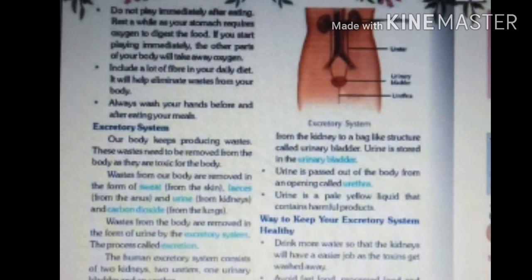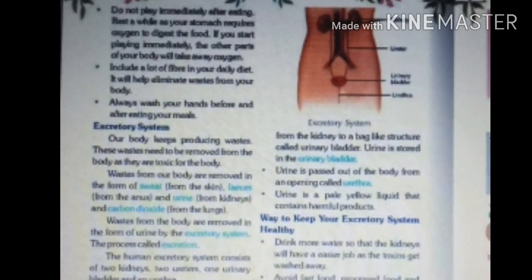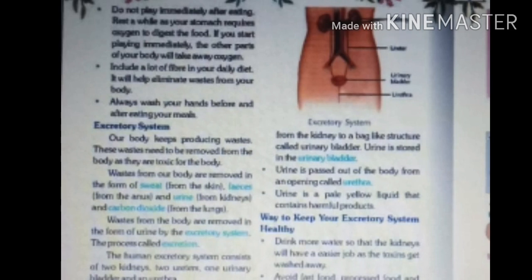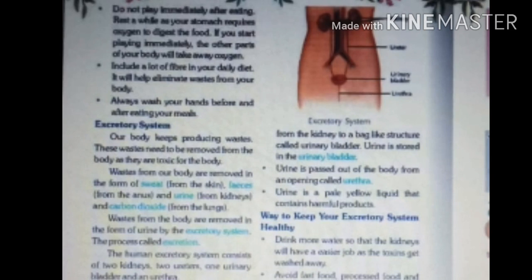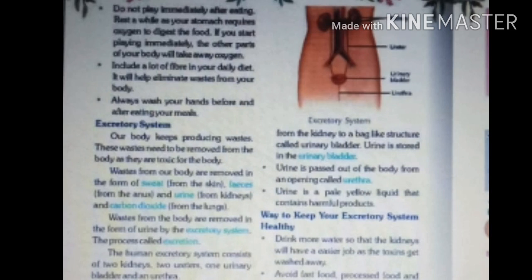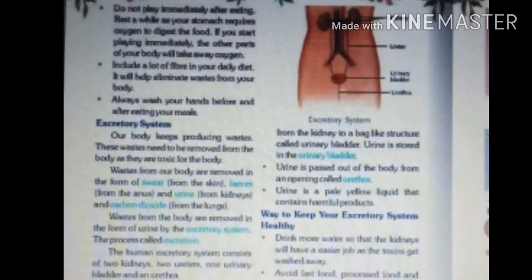See, children, for the digestion, the digestive system requires oxygen also to digest the food. And if you immediately start playing after eating, the other parts of your body will take the oxygen and the food which you have eaten will not get digested properly. So don't play immediately after eating your food.